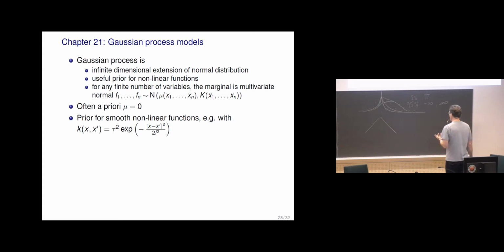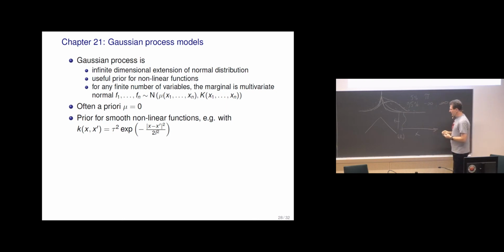So if we think that we have here x and we have here f, and if we start with zero mean, marginally, if we look at just how f looks at x1, since we look at just one variable, it's just a univariate normal.